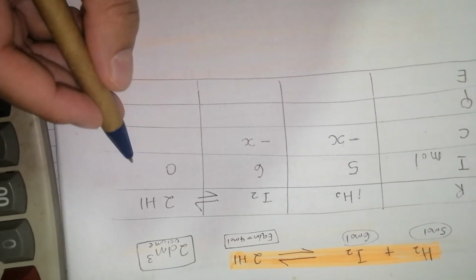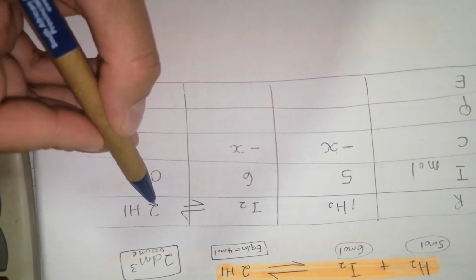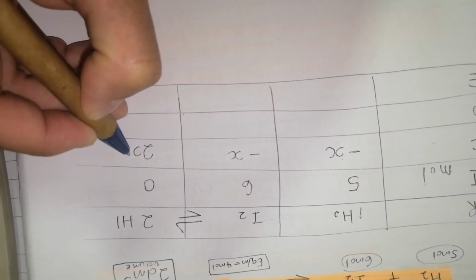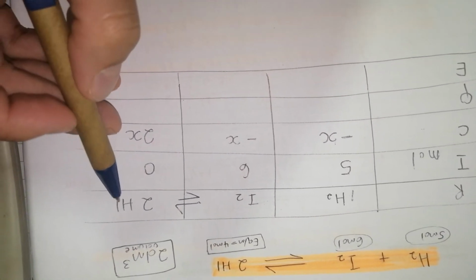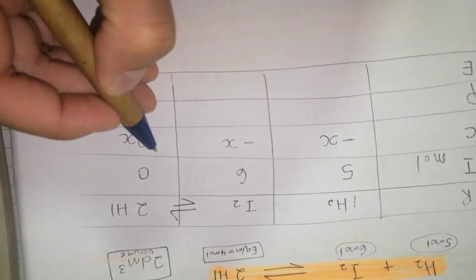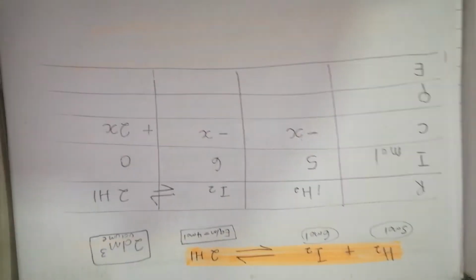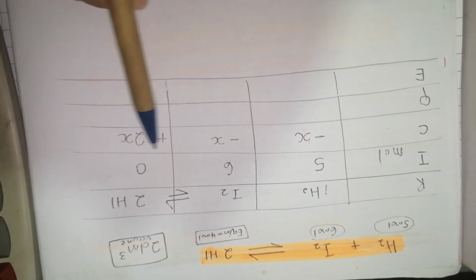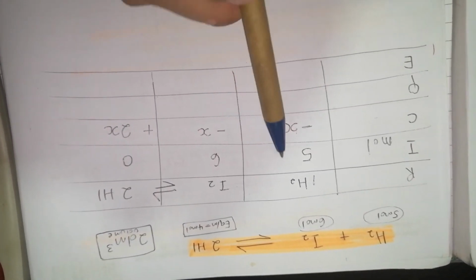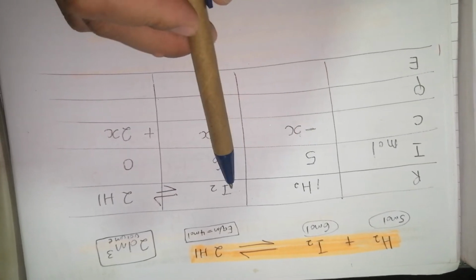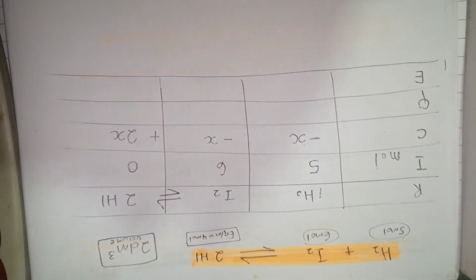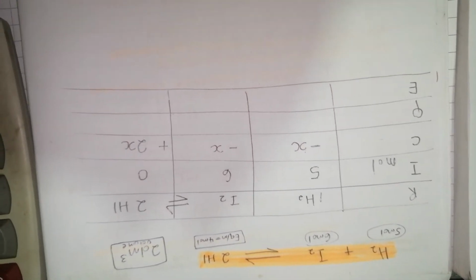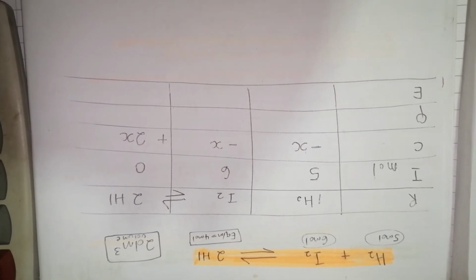Now, when it comes to the product, this product has a coefficient of 2, so I'm going to say 2, and then it has to have an x, so it will become 2x. And since it's a product and product increases, I'm going to put a positive. So when it comes to the C in this table, you do it in terms of X. The coefficient of X will be the same coefficient that is in the balanced chemical equation, and all reactants will have a negative sign and all products will have a positive sign. Okay.